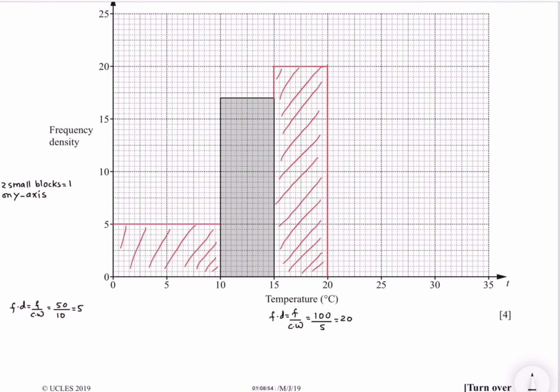Next, frequency is 120 and class width is 5, so 24.